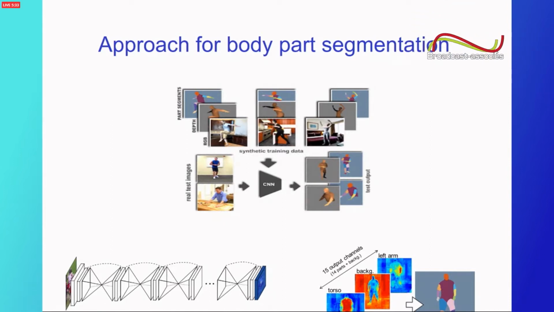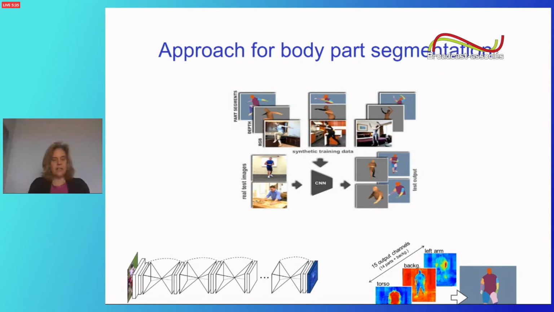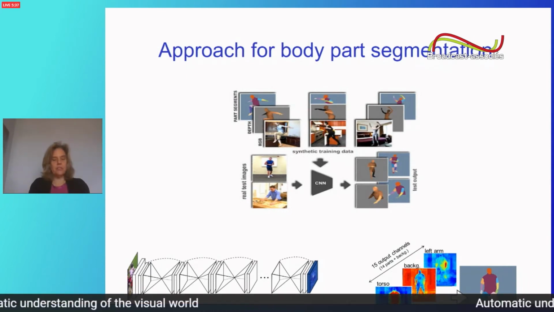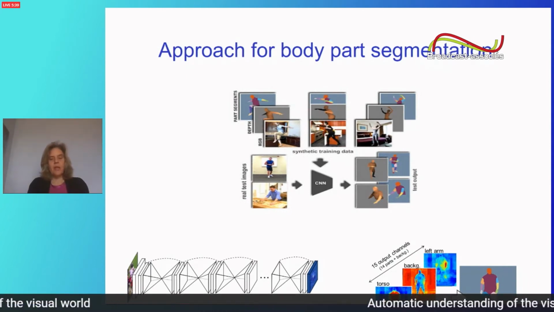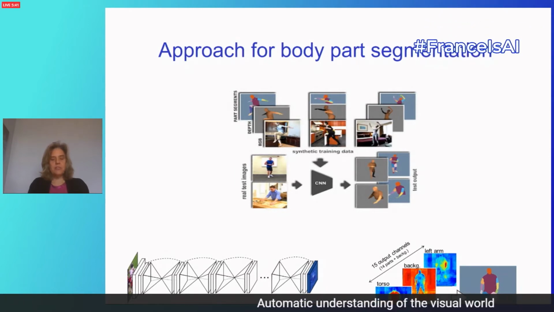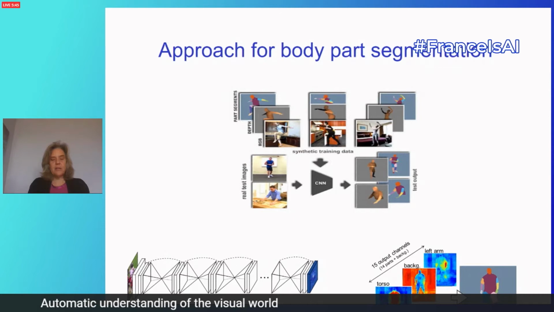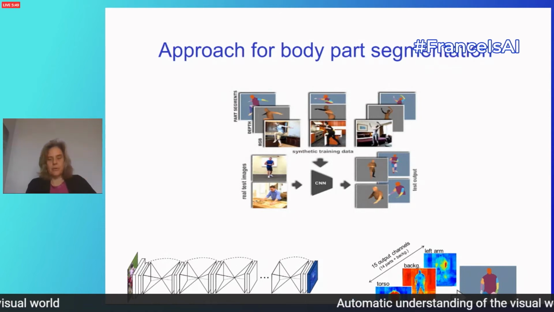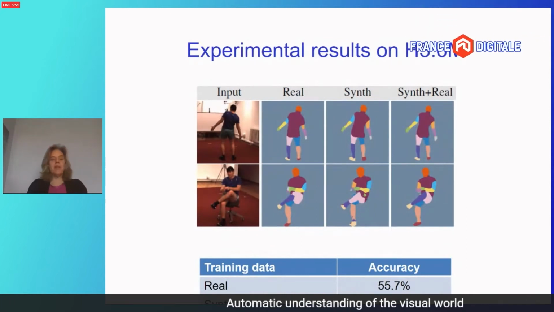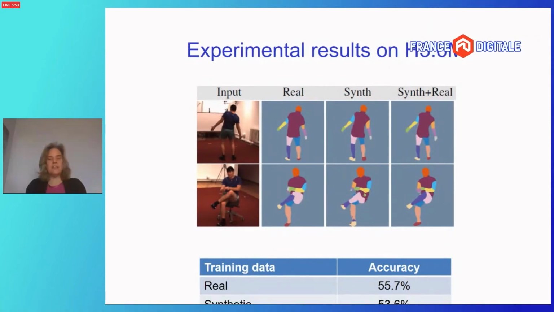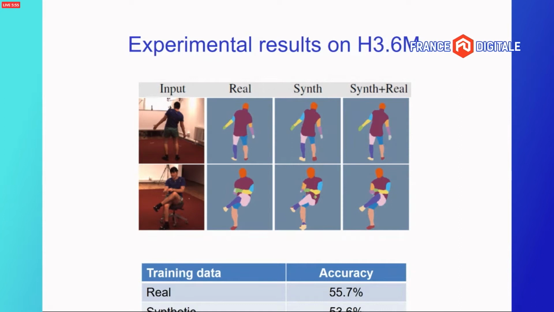The approach we use here is a stacked hourglass with a sequence of up and down sampled convolutions, which outputs 15 channels corresponding to the body parts. Each pixel is then labeled by softmax for the most likely body part. If we evaluate our results on an existing dataset, the Human3.6M dataset, we can see on the left the input data, the input image.